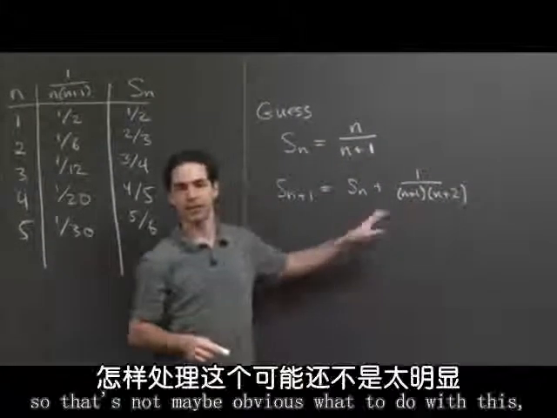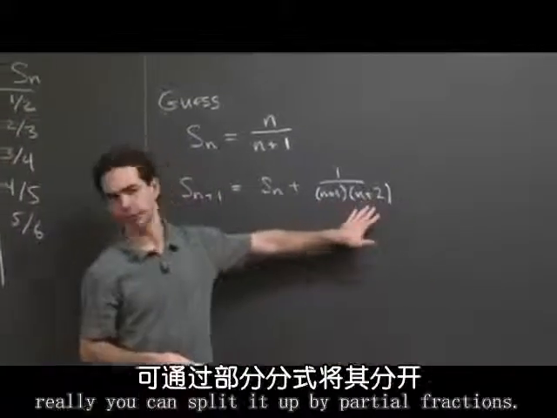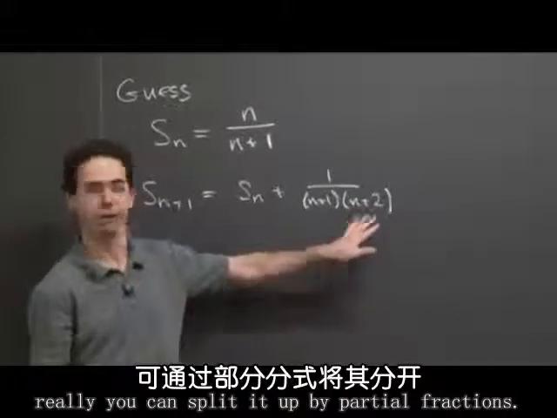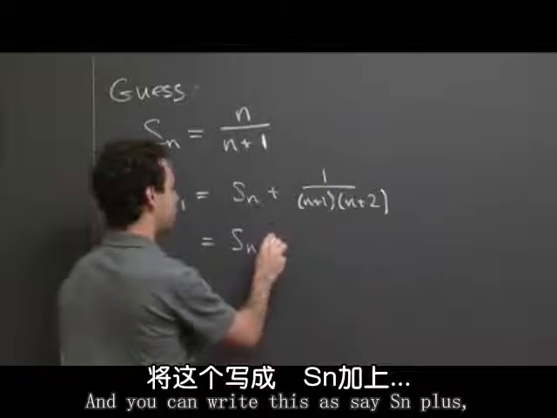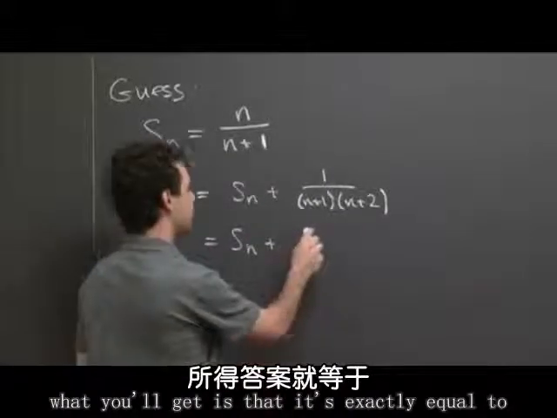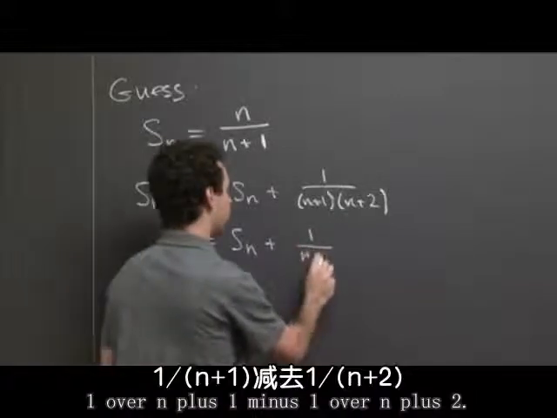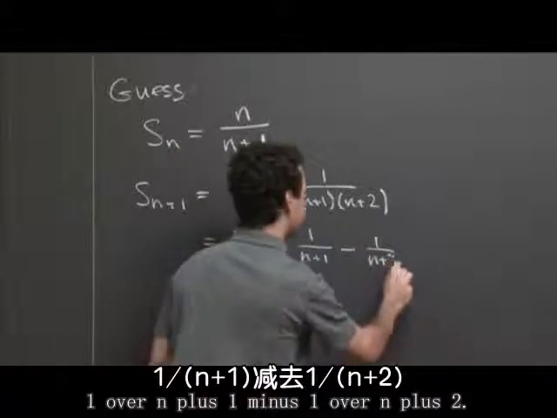That's maybe not obvious what to do with, but you can split it up by partial fractions, and what you'll get is that it's exactly equal to 1 over n plus 1 minus 1 over n plus 2.